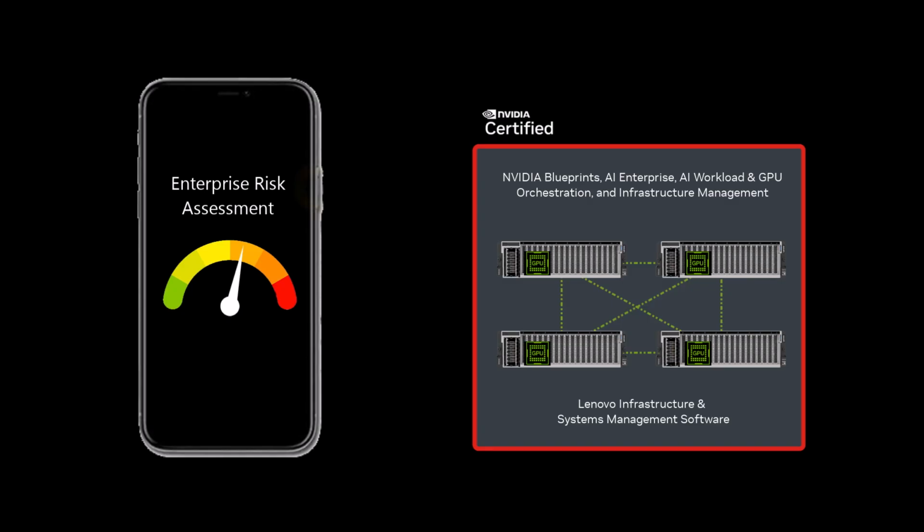We partner on NVIDIA Enterprise Reference Architectures, which provide AI infrastructure configuration guidance for AI factory deployments with NVIDIA certified servers, Spectrum-X networking, and AI software. Now add in services expertise, and you remove a lot of the concerns and objections around risk.